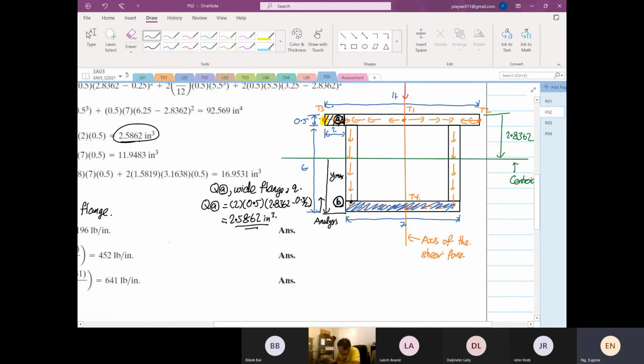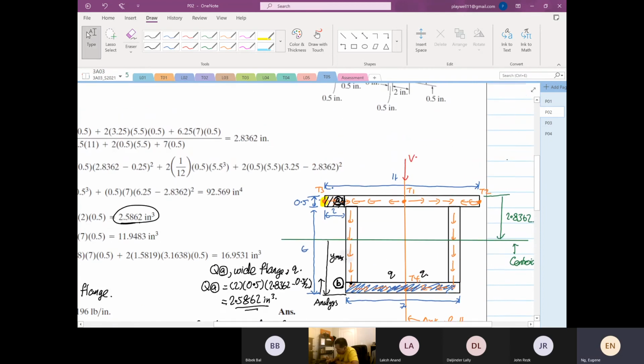So the first moment area of point B, right? So you know that there's 2Q, yes or no? So Q coming in, Q coming in. So this is a box beam analysis, right? And you have 2Q, right? So Q at point B. The width is 7. The depth is, wait, let me see the depth.